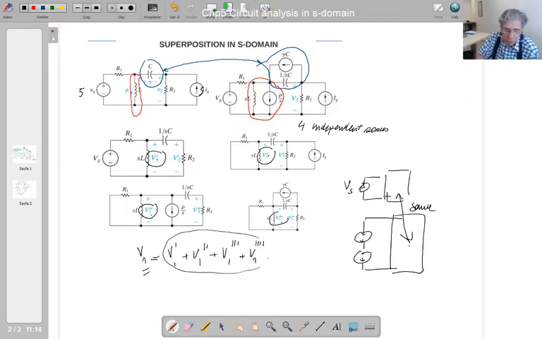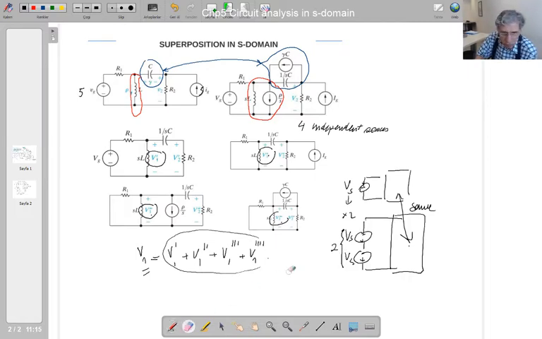So the question is this: if I multiply this voltage by 2, that means your circuit is this, isn't it? This multiplied by 2, you get 2 Vs. Now what I am saying is this: the solution you found for this one plus the solution you found for this one, you're going to get the solution for this one, isn't it? For 2, isn't it?